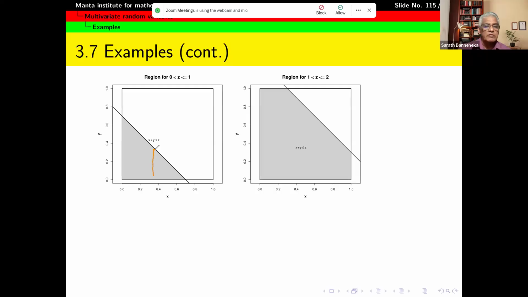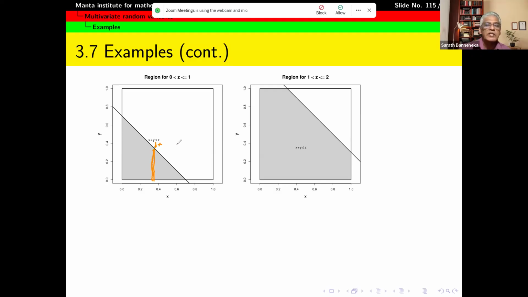So we can look at a vertical stripe like this with width dx. We first integrate the joint density over this thin stripe.